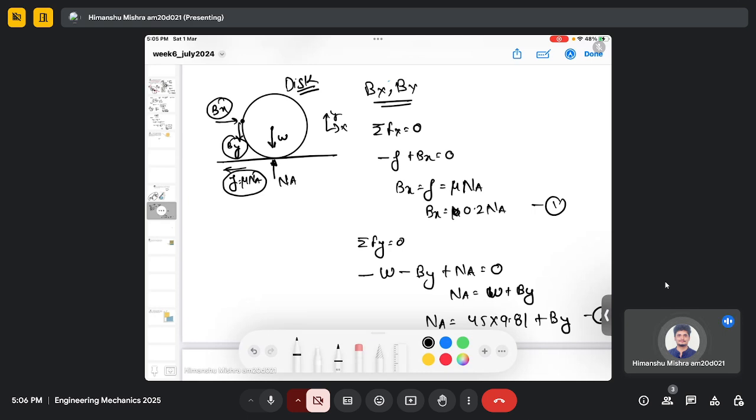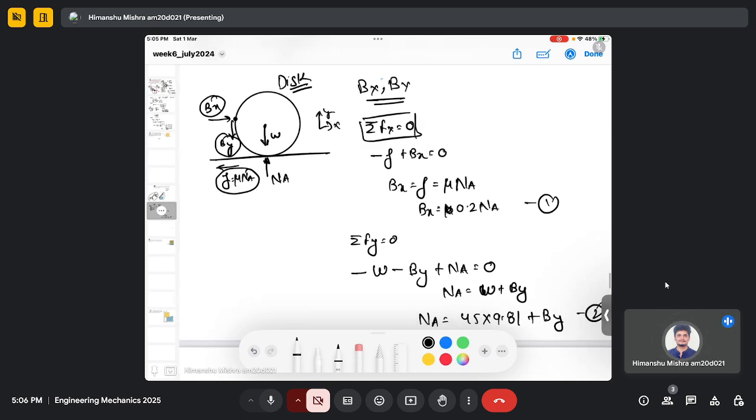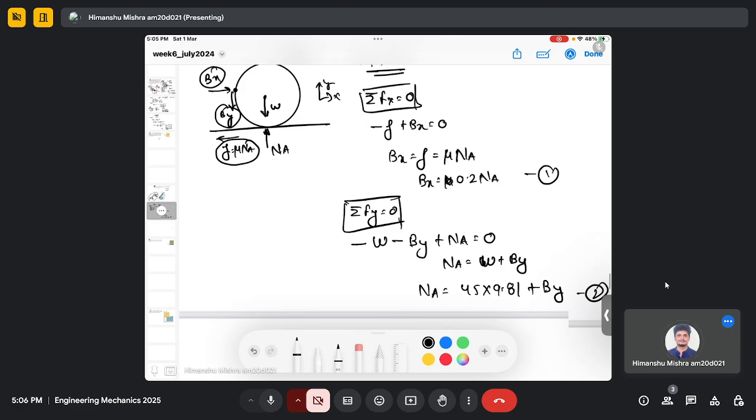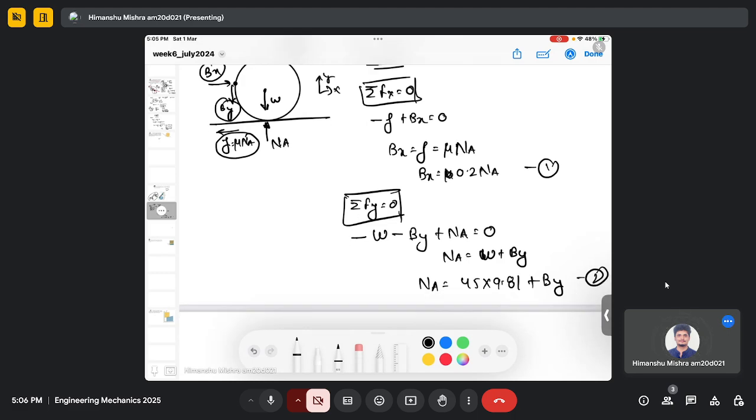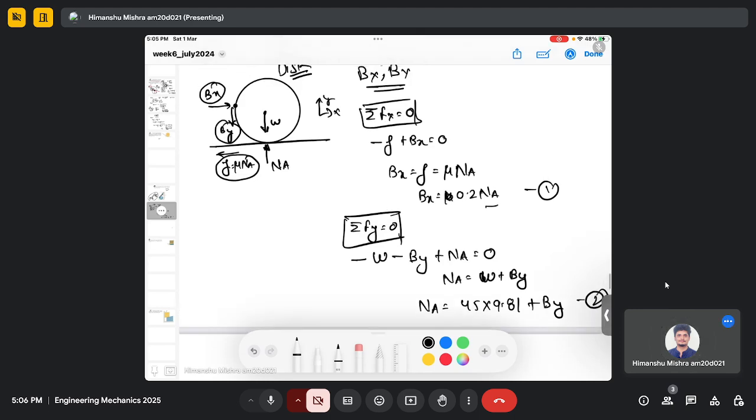So yeah, we have used the force balance equation in x and y, and we have three unknowns: Na, Bx, and By. Now we can use moment about the center of this disk.